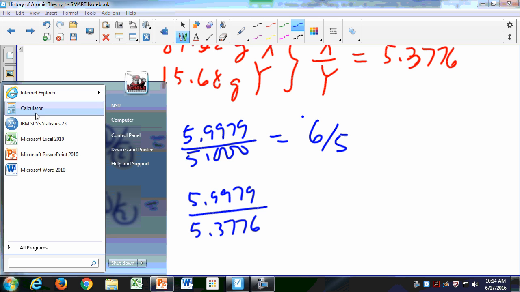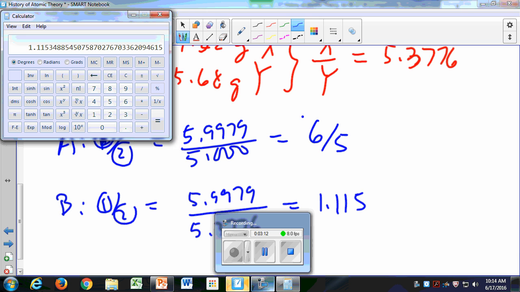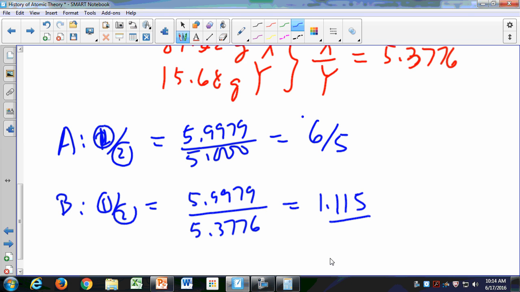Let's reduce that to a whole number ratio if we can. That's 1.115. That's not a small whole number ratio. You can't write that as a fraction using two small whole numbers. So the best answer here is A.